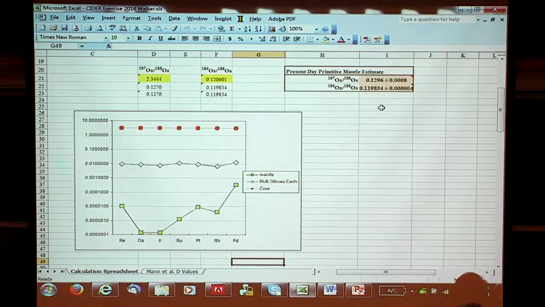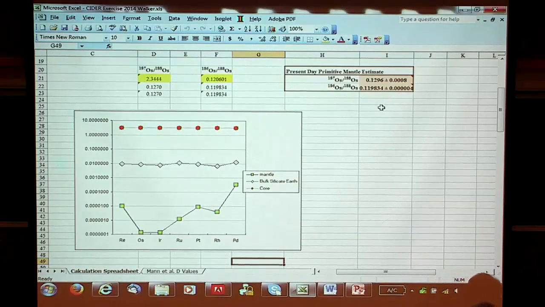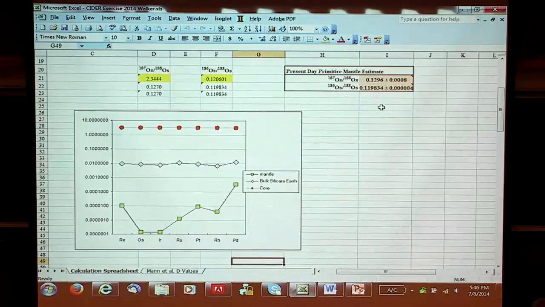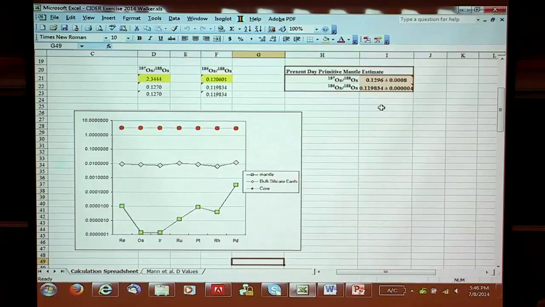But based on the iron content of the mantle, we typically think of core formation as having occurred at iron-wüstite minus 2, if that means anything to you. So 2 orders of magnitude below the equilibrium between iron metal and wüstite, FeO, at any given P and T. So we don't have any that are actually this low on our list, and we have some ranging from around minus 1.5 to positive 1.5.